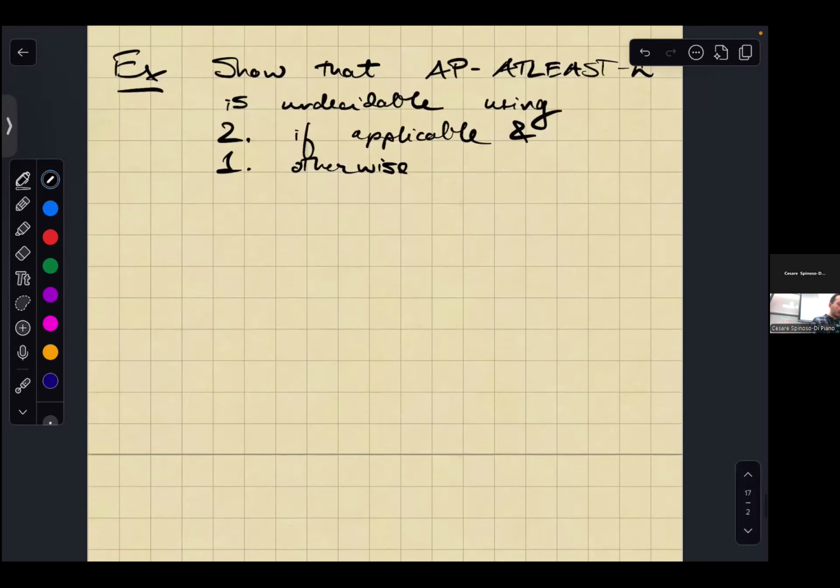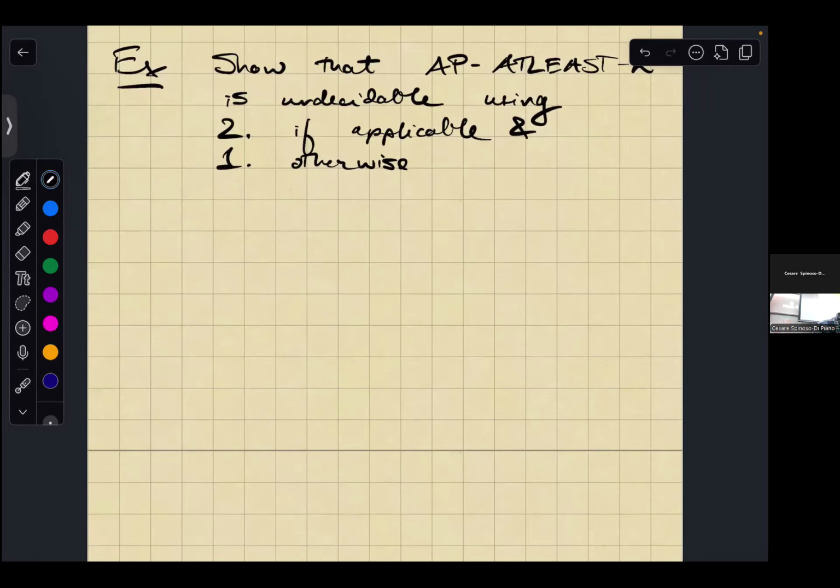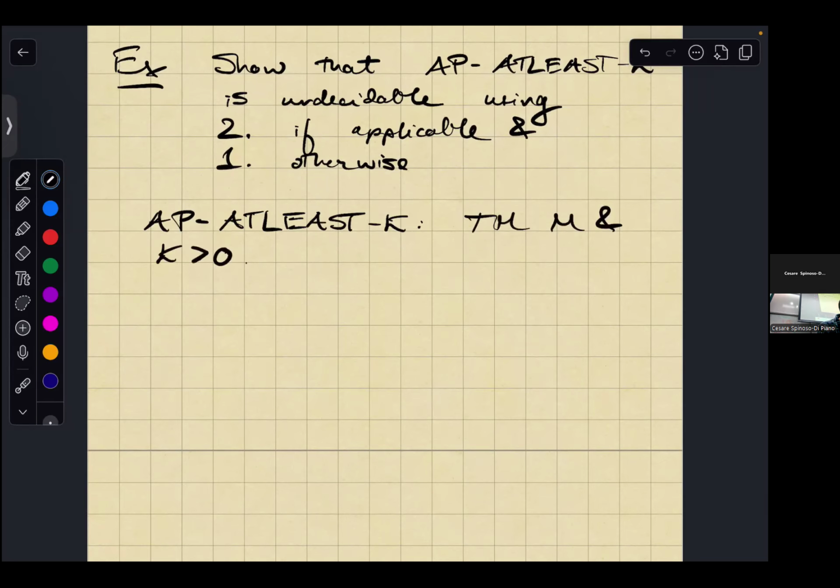Now, what is the at least K acceptance problem? The name is hopefully a good hint. The at least K acceptance problem essentially asks, given a Turing machine M and some integer K, which is strictly positive, does M accept at least K strings?